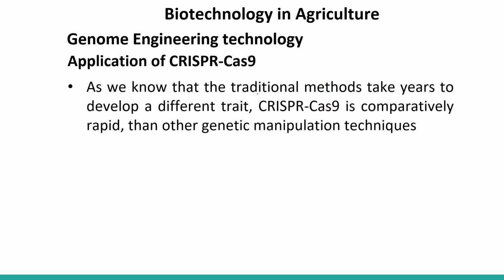As we know, the traditional methods take years to develop different traits, whereas CRISPR-Cas9 is comparatively rapid compared to other genetic manipulation techniques. This technique is very different from the others because it takes very less time to manipulate the DNA, and we get the desired trait in the specific organism in which we want to incorporate a particular gene or trait.